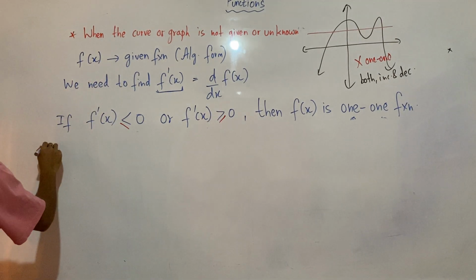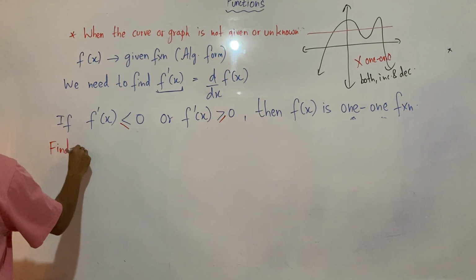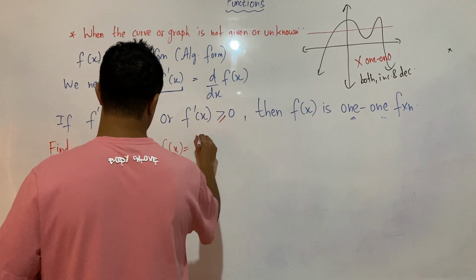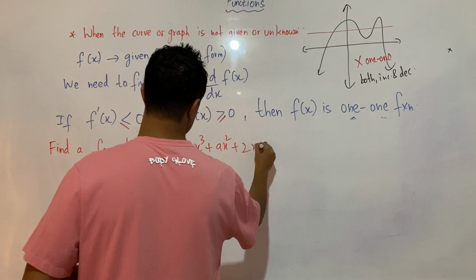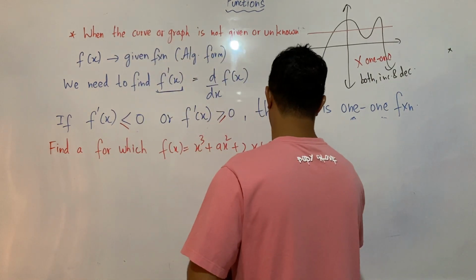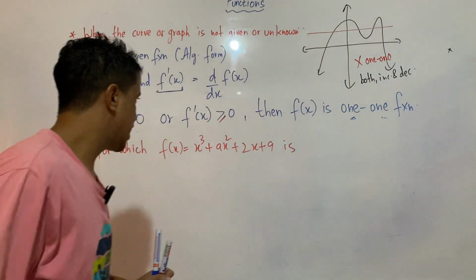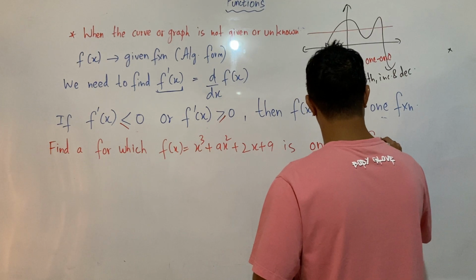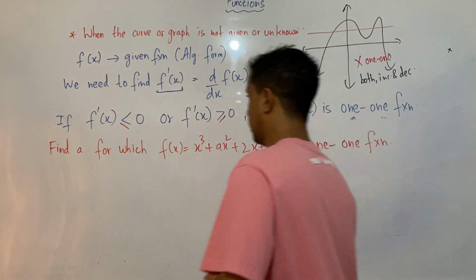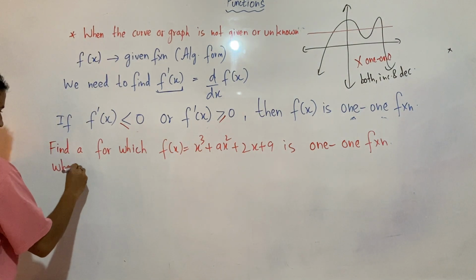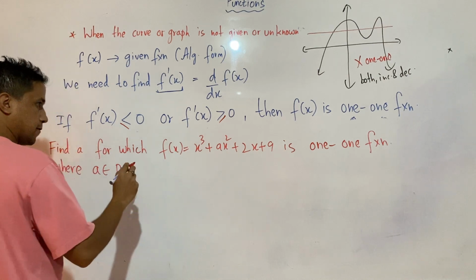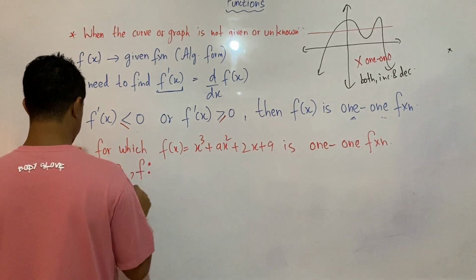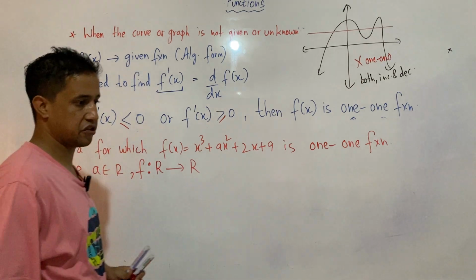The question is: find a for which the given function f(x) = x^3 + ax^2 + 2x + 9 is a 1-1 function, where a belongs to the real numbers and your function is defined from R to R, from real numbers to real numbers.